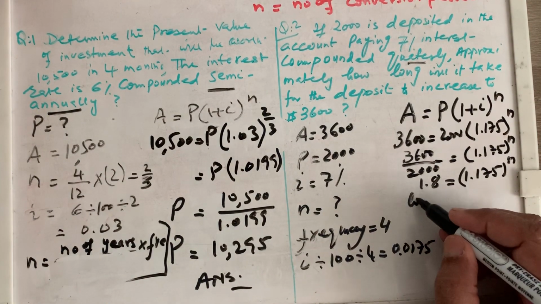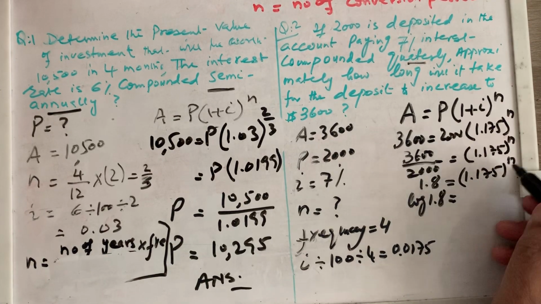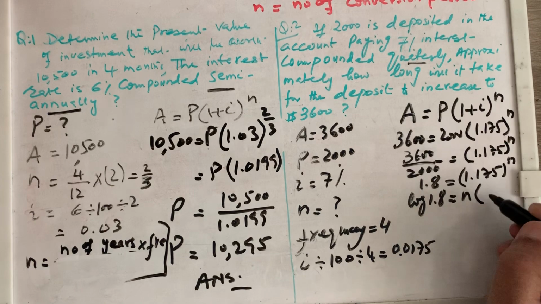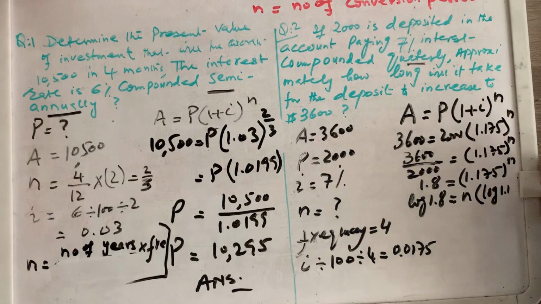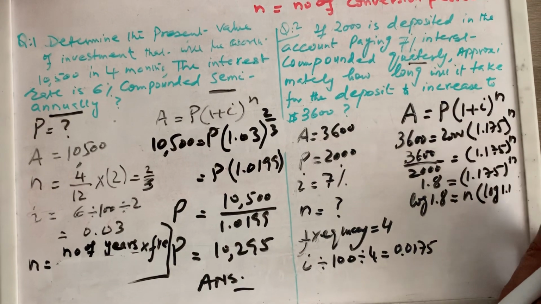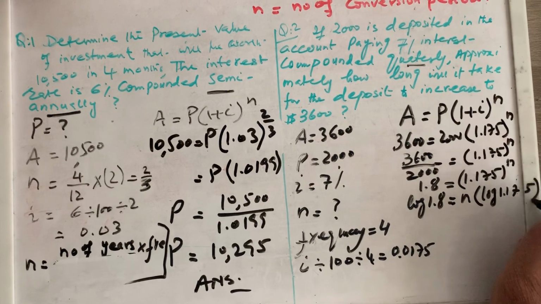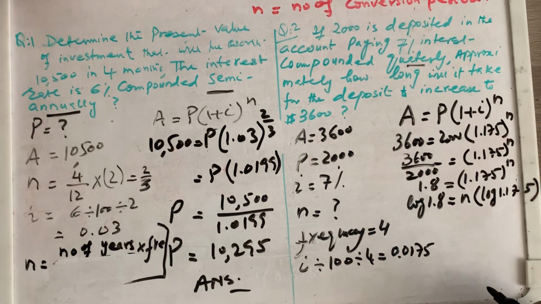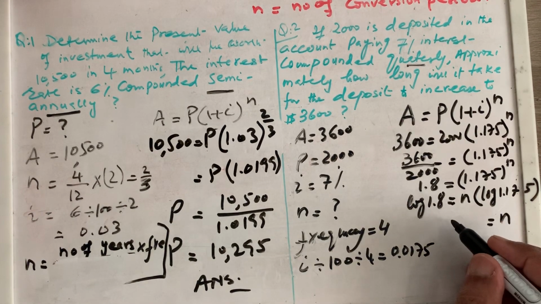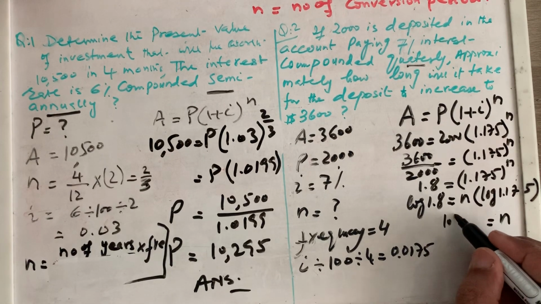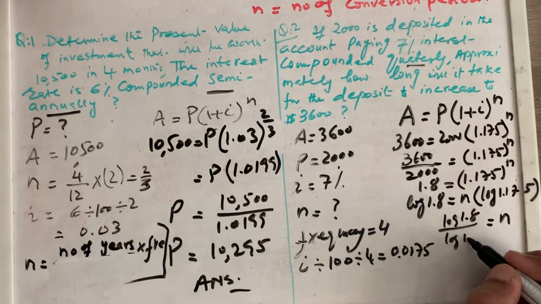So I will say log of 1.8 is equal to, getting the power down, N times the log of the base, log of 1.0175. So now I have to take the log to calculate N. N will be equal to log of 1.8 divided by log of 1.0175.